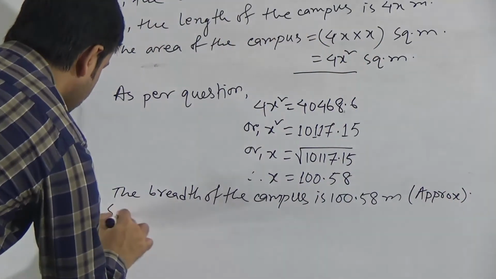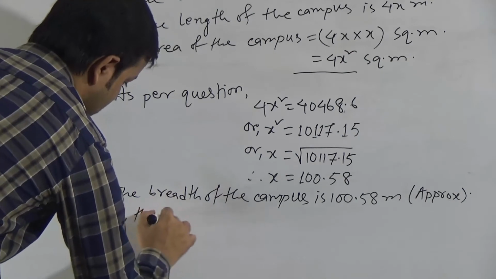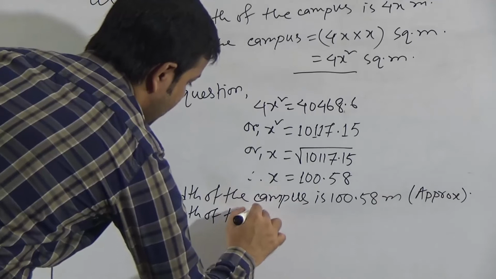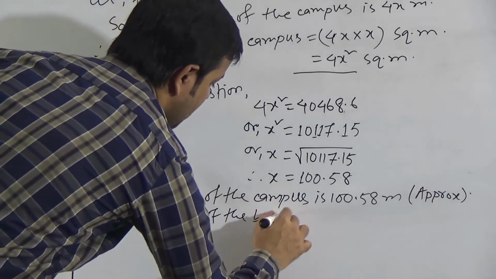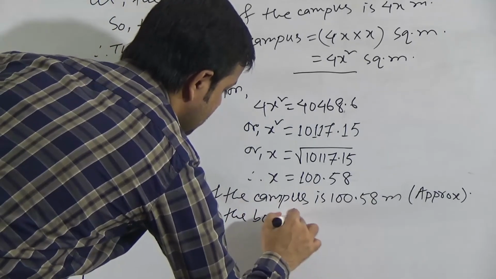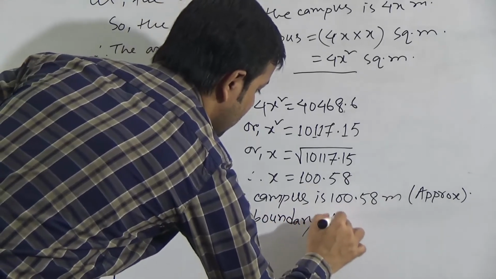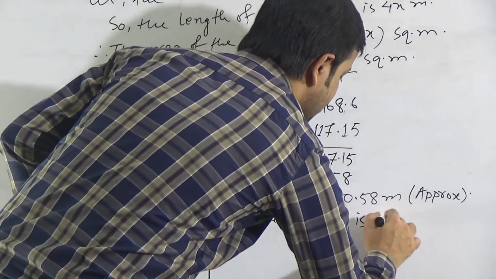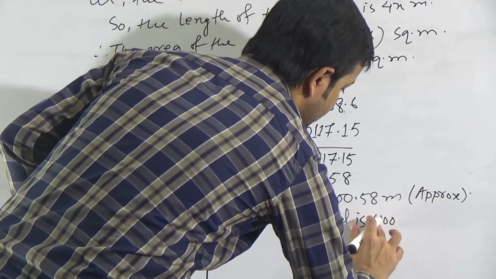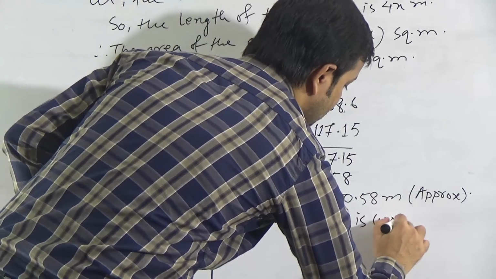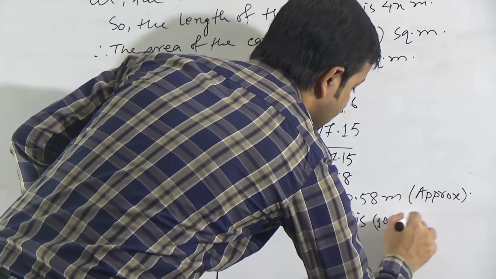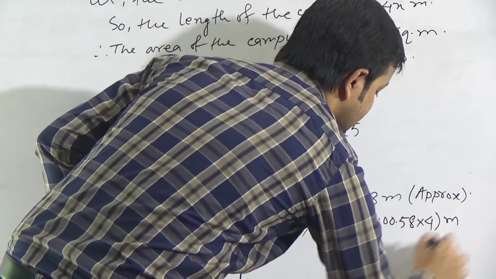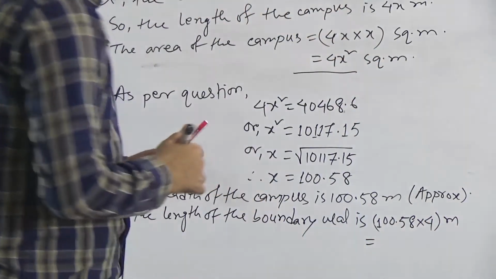So the length of the boundary wall is 4 times the breadth, so we can write 100.58 multiplied by 4 meter. We will get the required length here.